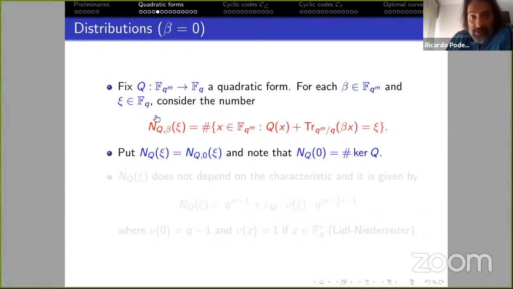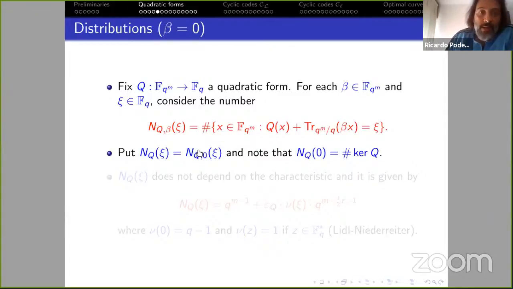So we can consider these numbers: given the quadratic form now, an element beta in F_q. We consider this number counting how many elements x in the field are solutions of this equation.